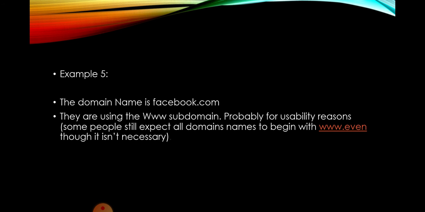The domain name is facebook.com. They are using the www subdomain, probably for usability reasons. Some people still expect all domain names to begin with www, even though it isn't necessary.